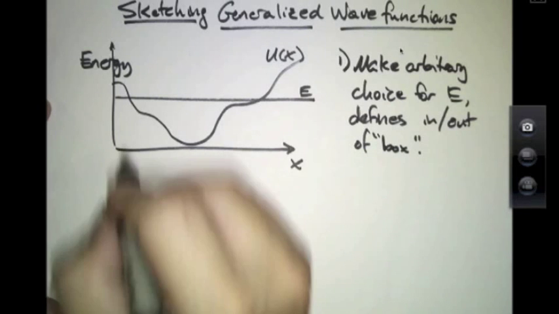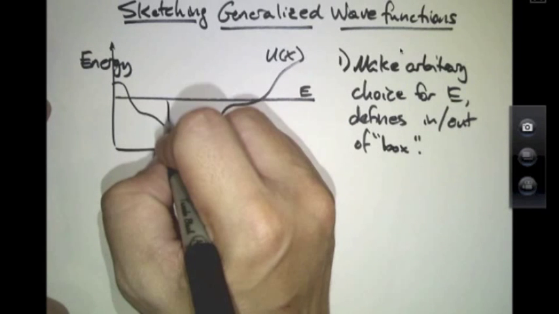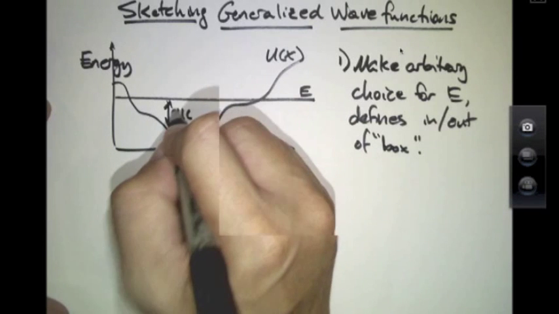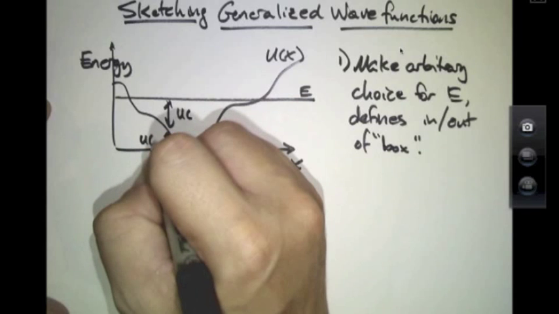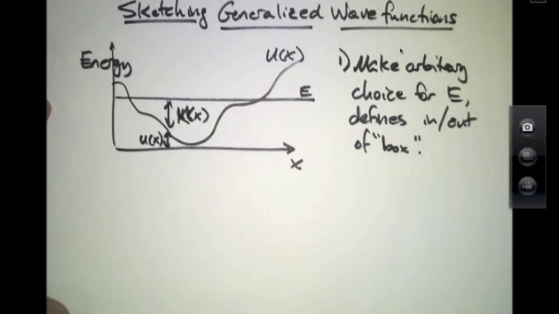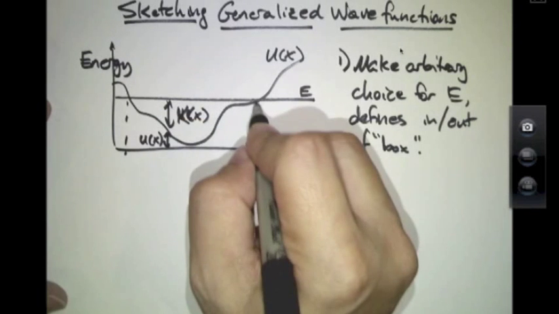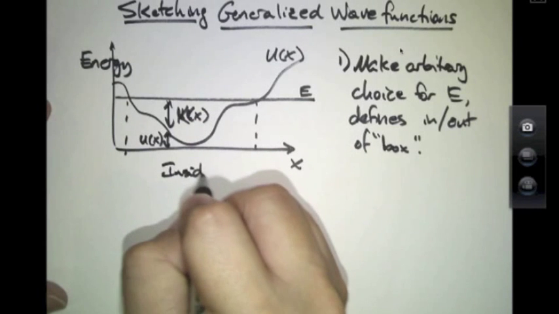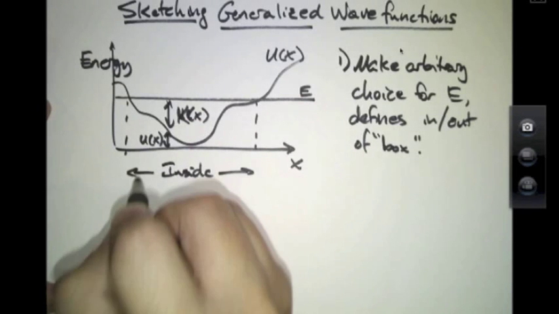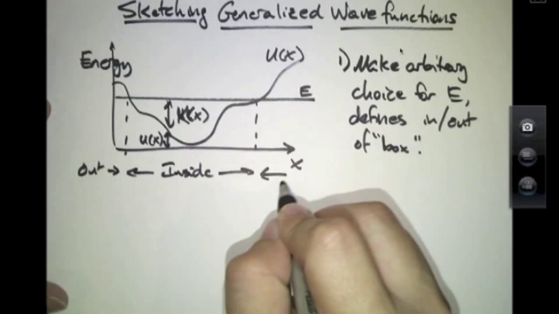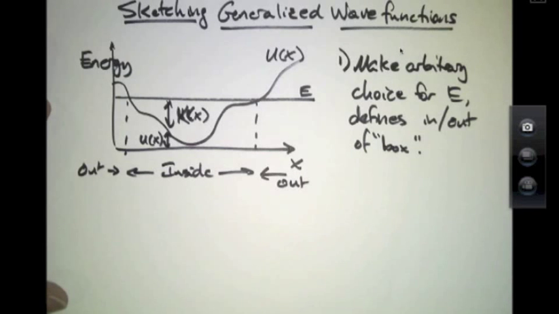So in this case, it's better to remember that we have, in general, some amount of potential energy and some amount of kinetic energy. The places where kinetic goes to 0, this is inside, and this is outside, this is outside.